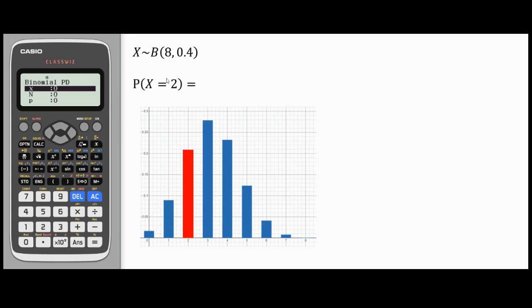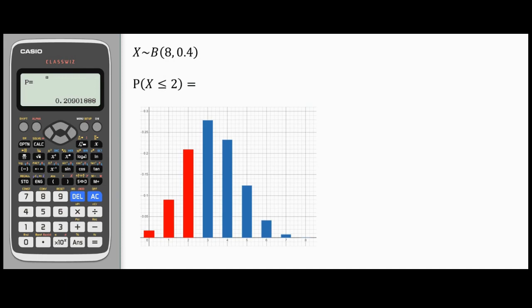X is taken from here, so x is 2. N is the first parameter in binomial, which is 8. And p is 0.4. Let's press the equal sign once more, and this will give me the answer, 0.2090.